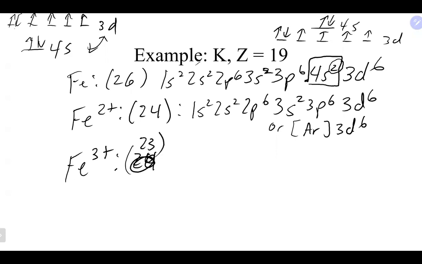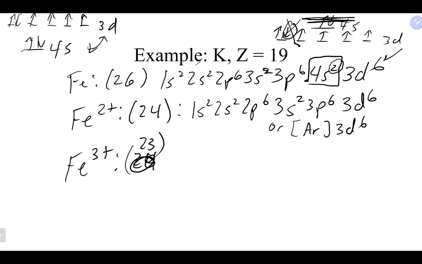So what happens in this particular case is the same thing. We're going to lose those s electrons first, but we still need to lose one more. So we will take out these electrons here, and then we've got to dip into the d's next and take out the third electron.